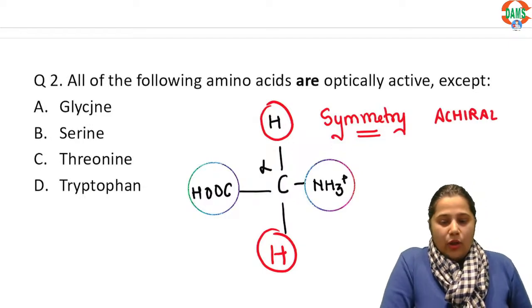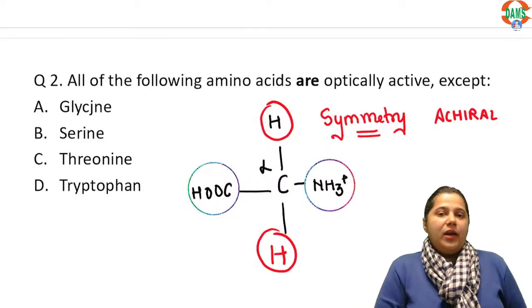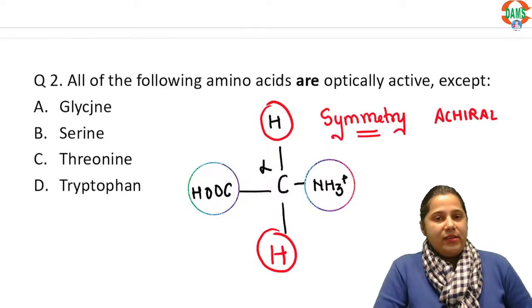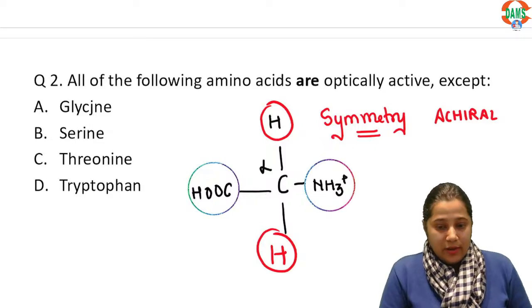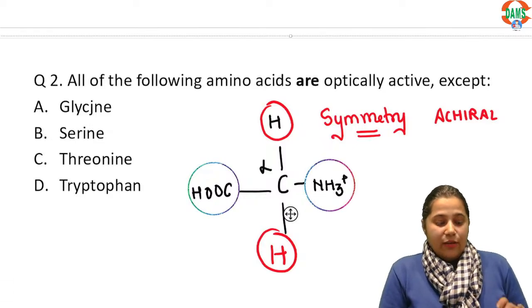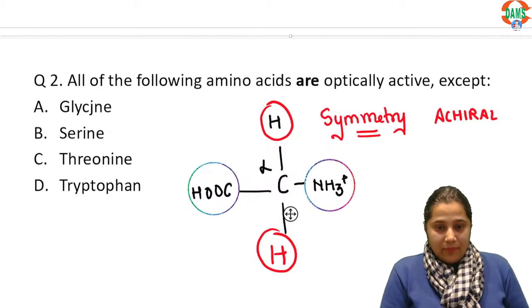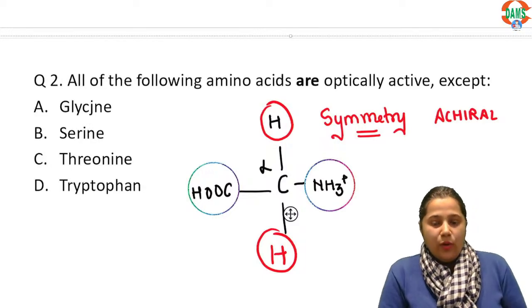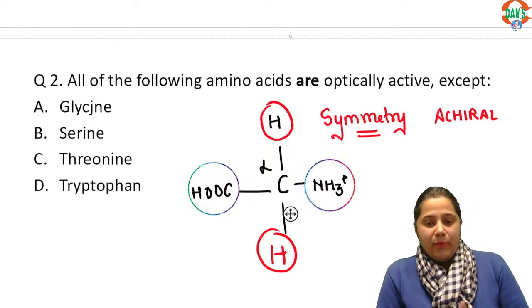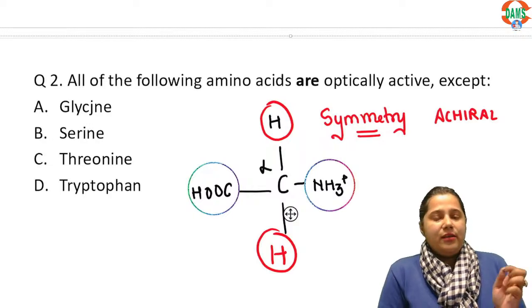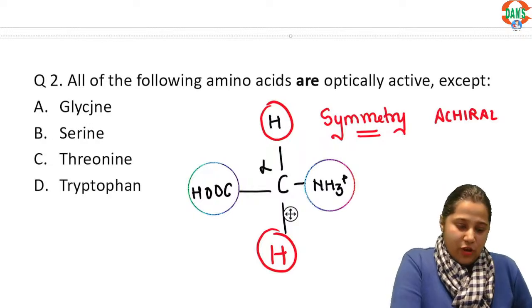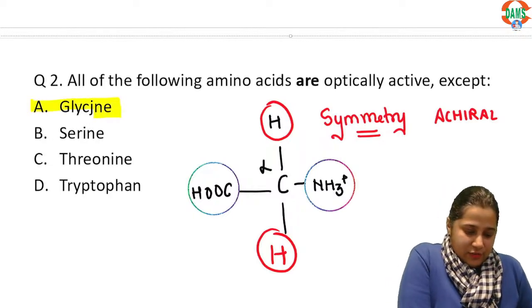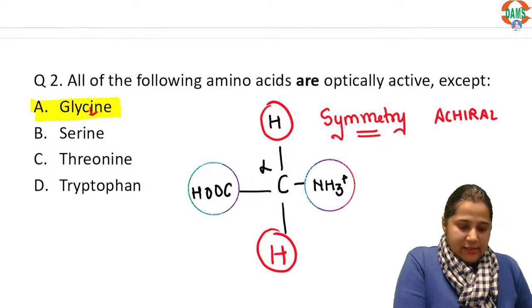Chirality means all the 4 hands of the carbon are different. All the 4 valencies of the carbon are substituted differently. But glycine is the only one having symmetry, and hence it is the only amino acid which is optically inactive. So yes, it is glycine.